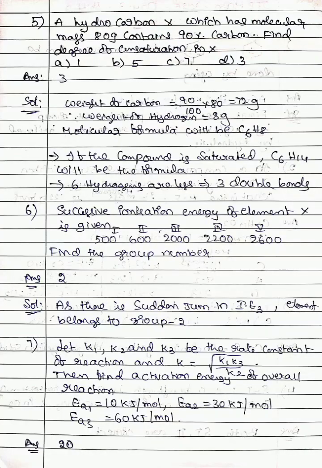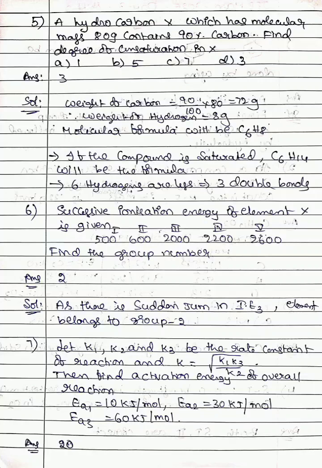If bond order is more, bond length is less. We know already. And both the statements are correct. Next one, a hydrocarbon X which has a molecular mass 80 grams contains 90% carbon. Find the degree of unsaturation in X. If the compound has 90% carbon in it, 1 mole of compound definitely should contain 90 by 100 into 80 grams, that is 72 grams. That means the weight of hydrogen will be 8 grams.